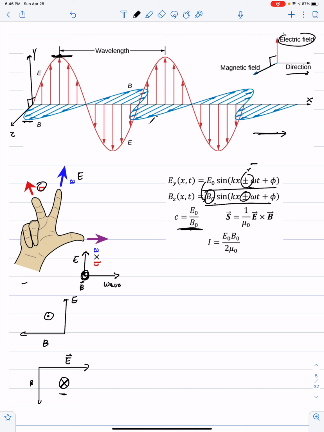It's too easy. You don't have to change any of this part right here because it stays the same. Remember, it is basically the same wave but perpendicular to each other. That's why nothing really changes.